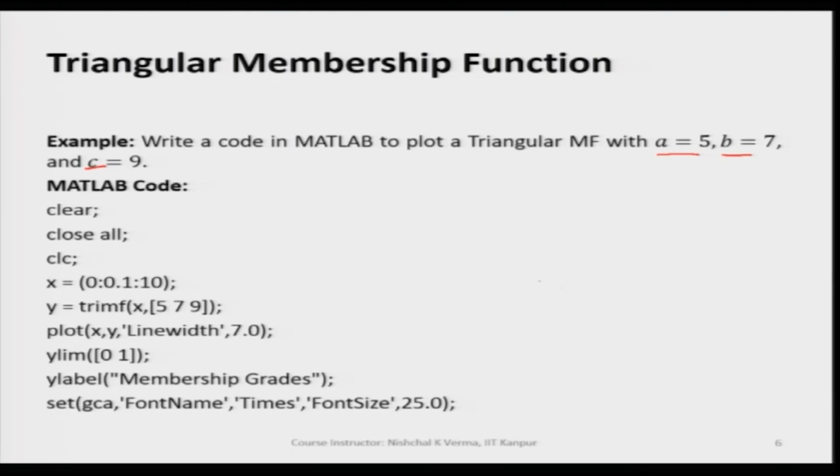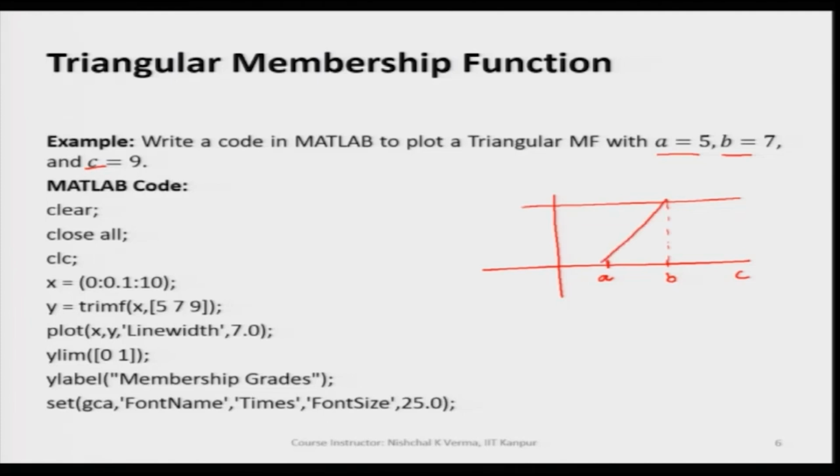So, if we make a triangular fuzzy membership function, it will be like this. Let us say this is a, b, c, and the highest membership value that it can attain is 1.